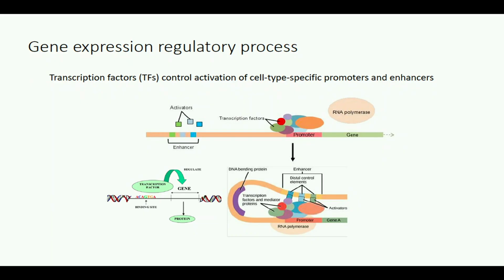So basically on the upstream or sometimes downstream of our gene, at the exact beginning of our gene, there's a promoter region which has this TATA box that signals the binding of RNA polymerase, but it also has other regions that can bind very different transcription factors, which interact with the enhancers further distal upstream of the gene.